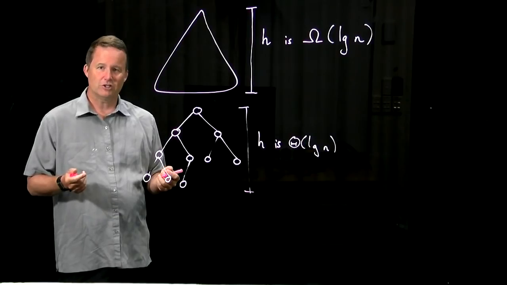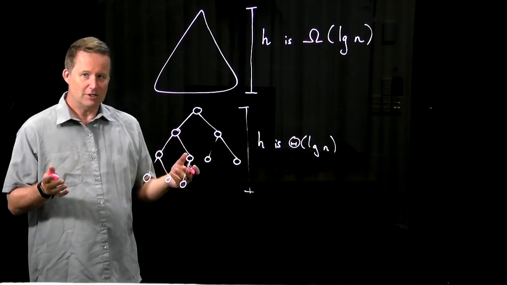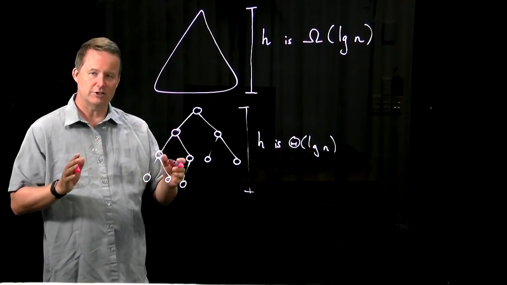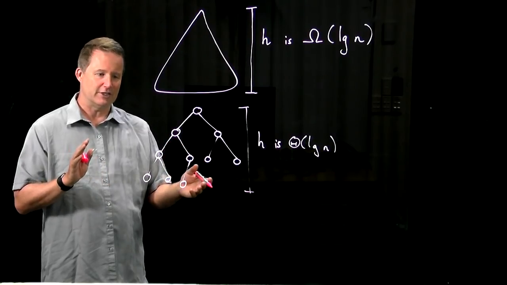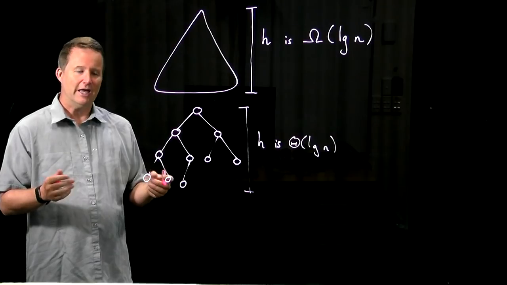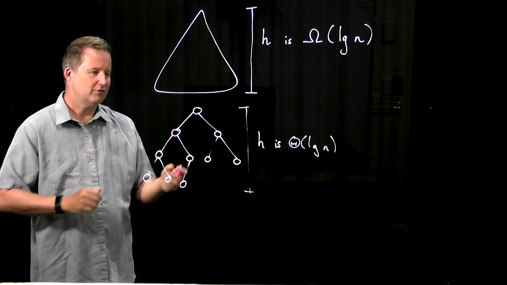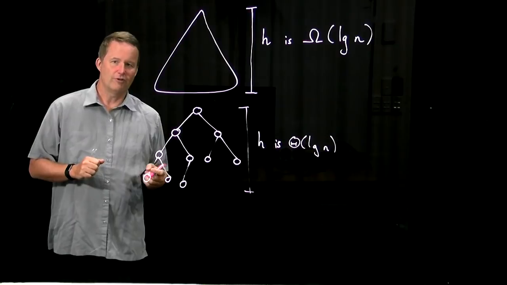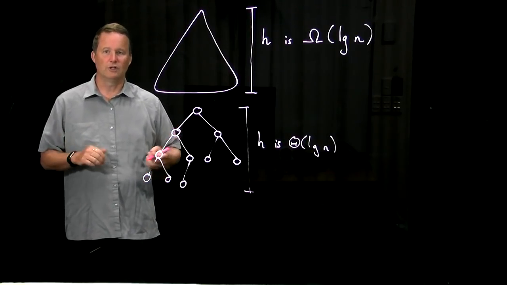So for a binary search tree, provided we reorganize the shape of it after it gets a little bit unbalanced because of insertions and deletions, it is possible to have a tree of the right height, in other words, order log n.